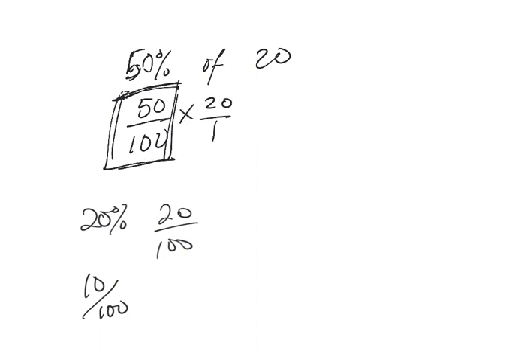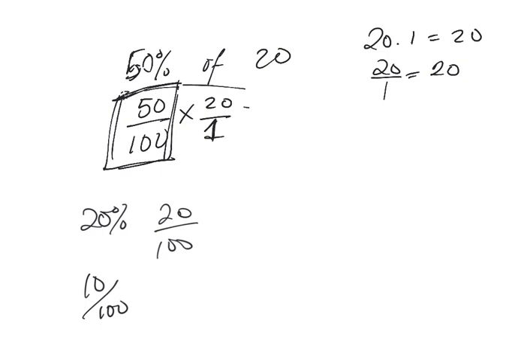Notice I put the number 20 over 1 because any number divided by 1 is itself, it remains the same, right? It's essentially the identity property of multiplication. Actually, the identity property of multiplication is that you multiply a number by 1 and you get the same number. But think of it in a similar manner with division. Any number divided by 1 is just that number, right? It stays the same.